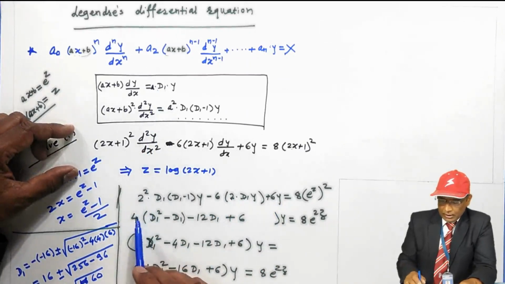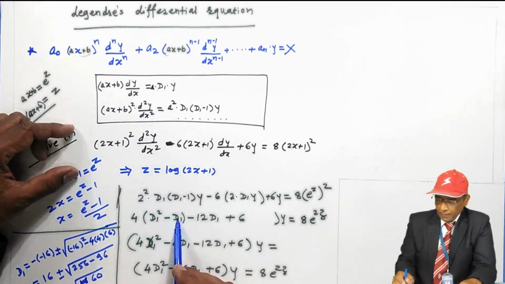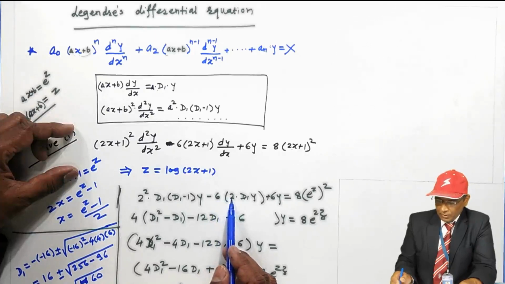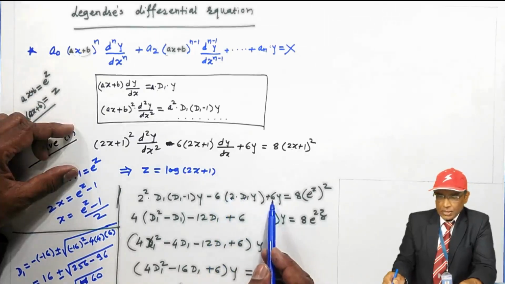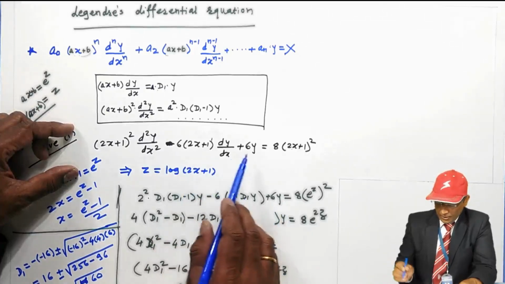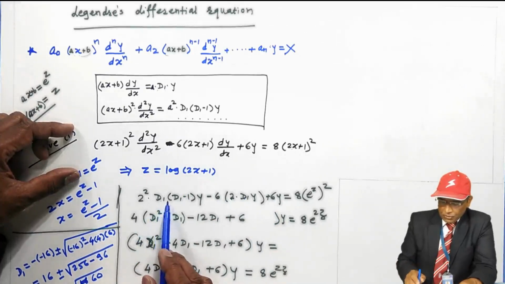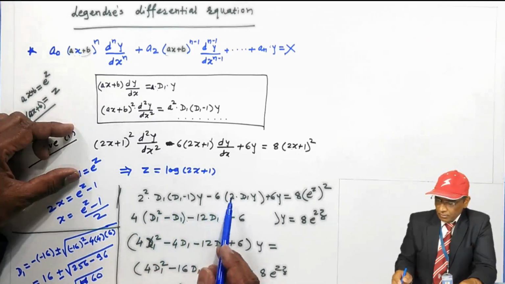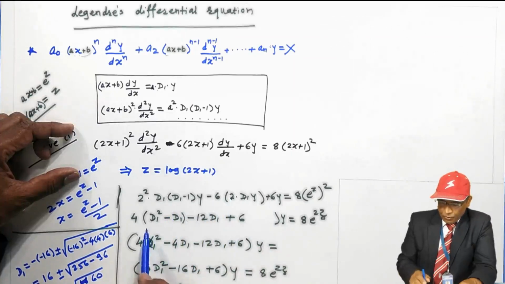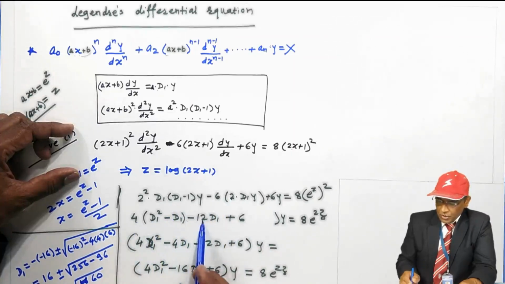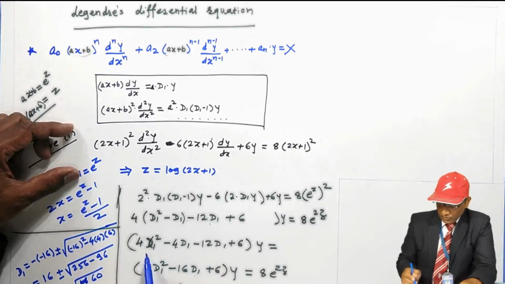Now 4 (D1 square minus D1) minus 12 D1 plus 6, plus 6 is outside. Okay, 4 D1 square minus 4 D1 minus 12 D1 plus 6, that is minus 16, so 4 D1 square minus 16 D1 plus 6.